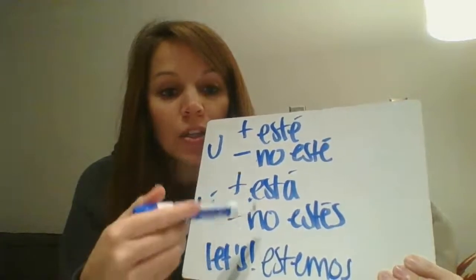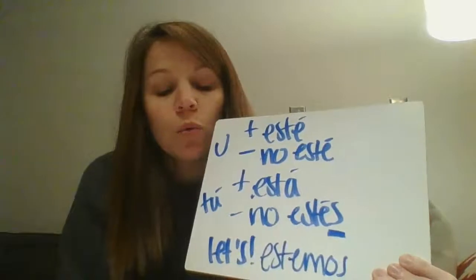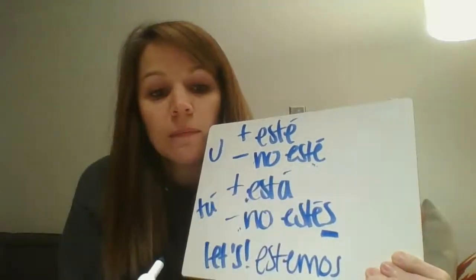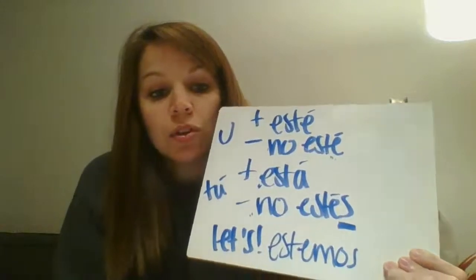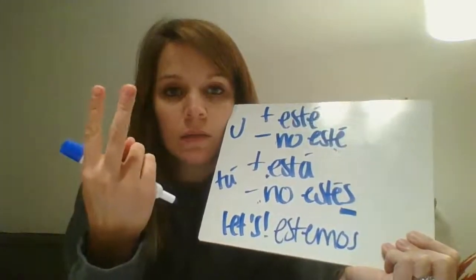Okay, you see how it looks just like the negative usted, the only difference being this S, which indicates that this is the tú form one and this is the usted form one. Okay, and then my nosotros ending is estemos because that's the opposite ending for an AR verb in the nosotros form. Okay, so those are my 5 commands that I should be getting down because they're not going to change.